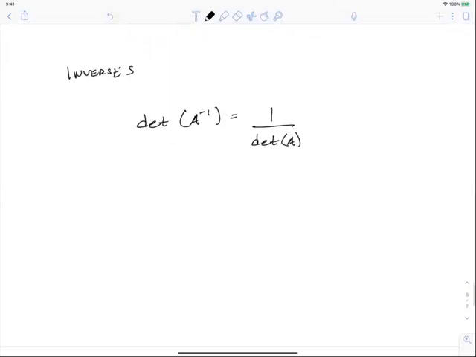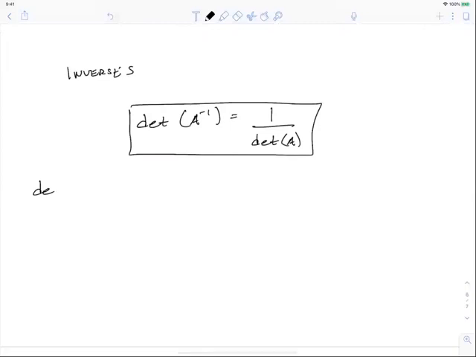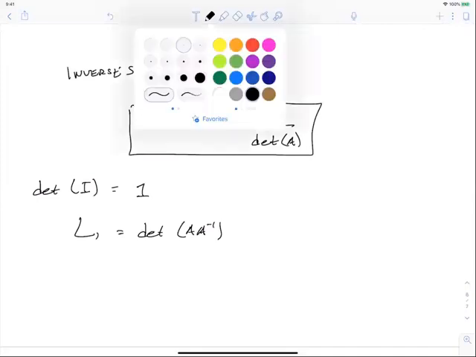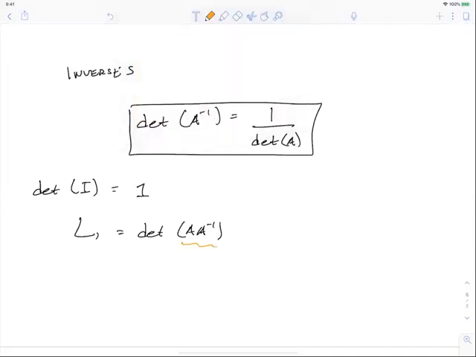Let's just go through the algebraic explanation first. So we know the determinant of the identity matrix, the do-nothing matrix, so that means the expansion factor is 1. But on the other hand, this is equal to the determinant of A times A inverse, because A times A inverse is the identity.